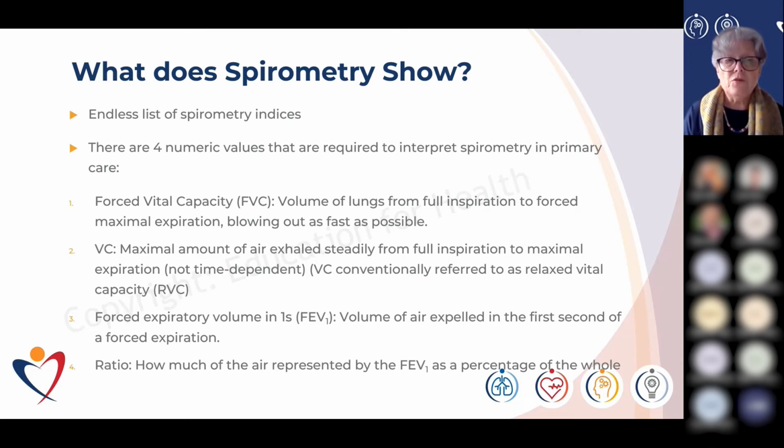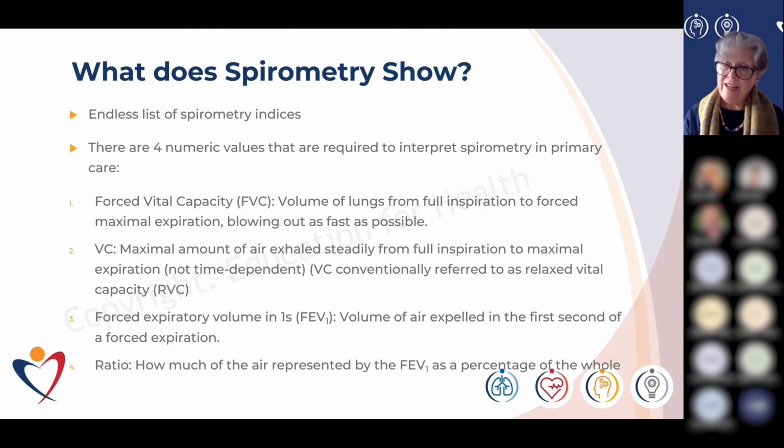We also have the forced expired volume in 1 second, the FEV1. So that's the volume of air expelled in that first second of the forced expiration. And that's a really important index because it has a great affinity to the patient's trajectory of disease.